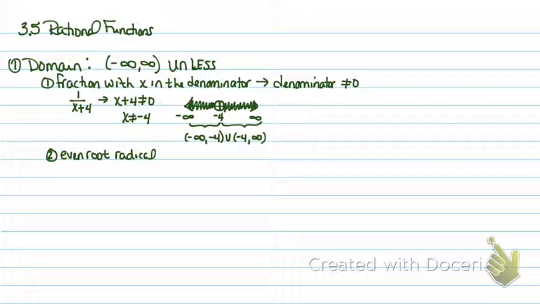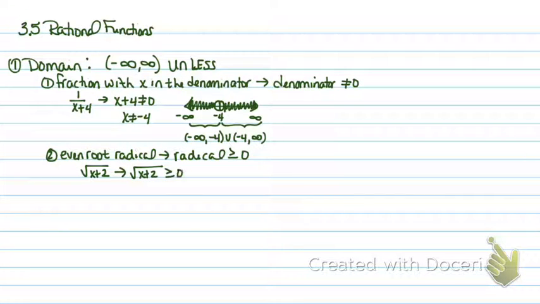Odd roots don't matter. Even roots we have to watch out for. Okay? If it's an even root radical, you're going to set the radical greater than or equal to 0. So if I have the square root of x plus 2, then we're going to set that radical greater than or equal to 0 and solve it.